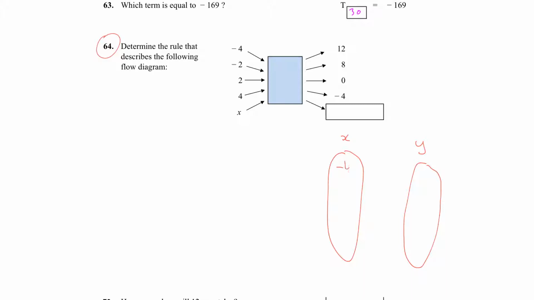So when we input minus 4, we output 12, etc. Minus 2, our output is 8. And this applies for all of them, which I'm just going to quickly put in. There we go. So for our function, I think what we know for the skills paper is that it's going to be a straight line type of function, when you're not going to get given an x squared or something funny like that.